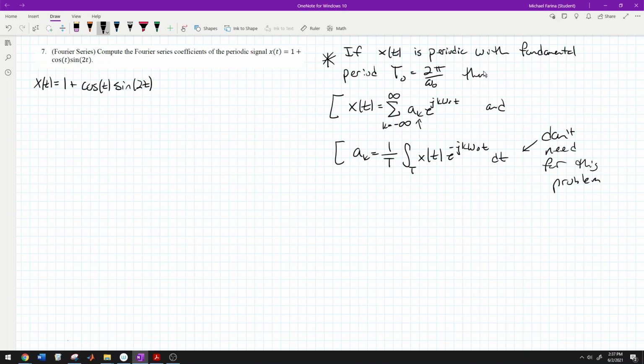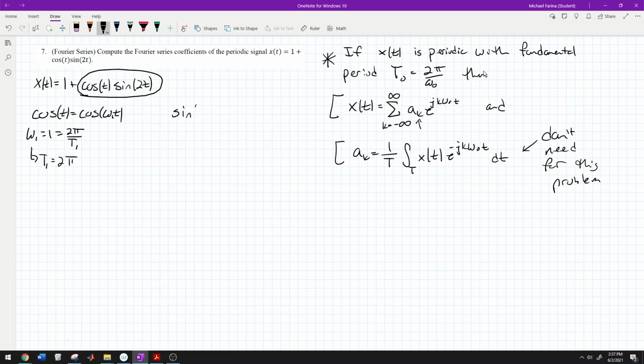Let's look at our two periodic terms right here. We have cosine of t, let's say that's equal to cosine of omega sub 1 of t. Then omega sub 1 is equal to 1, and that's equal to 2 pi over t sub 1. So that means that t sub 1 is equal to 2 pi.